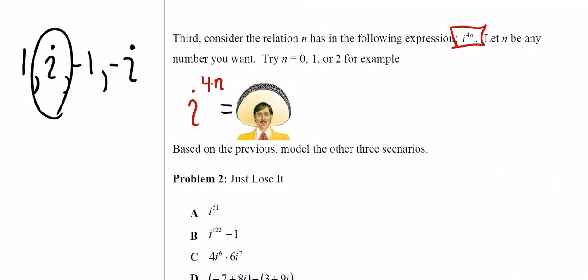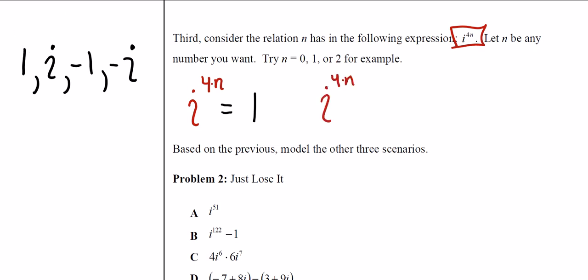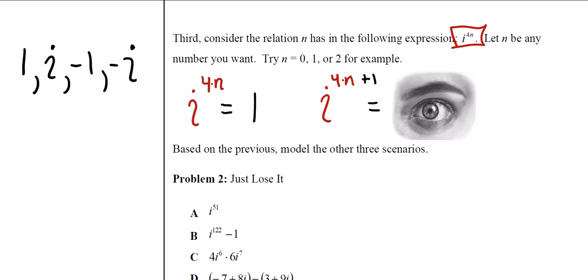So what about all the ones where it's equal to i? Well, remember in our cycle, if you look at the patterns, this was i to the 0 power. This is i to the 1 power. What if I take this previous equation and all I did was add 1 just to bump it up? We get this equation right here.